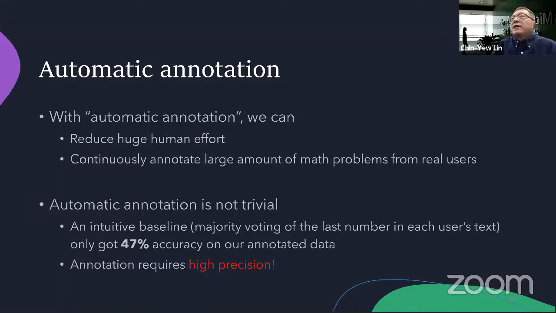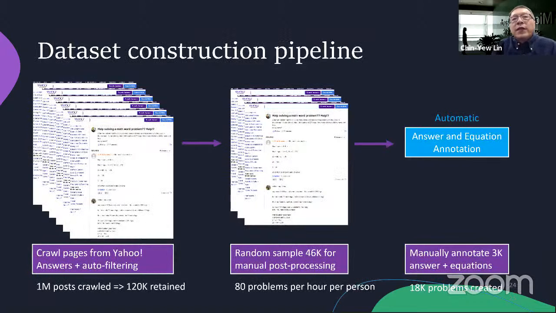But this is not good, because we really want a collection of data that has high precision in terms of the equation matching the problem and its answer. So this is not good enough. What we do is build an automated crawler to crawl the math forums of the Yahoo Answers website, and we crawled about 1 million posts.